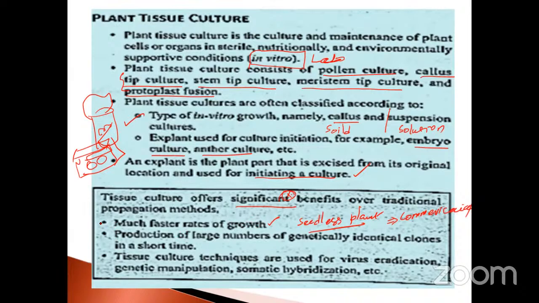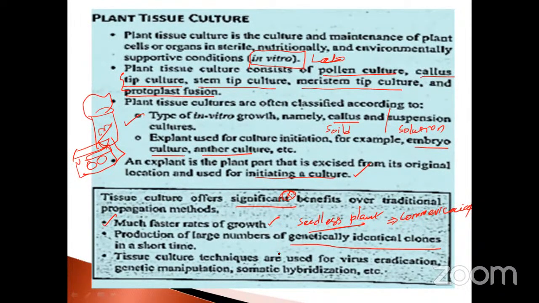So it is very, very important: much faster rate of growth. Production of a large number of genetically identical clones. For example, I need a single plant, say Tectona grandis teak or sandal plant. I need 1,000 millions of sandal plants like that in a single room.